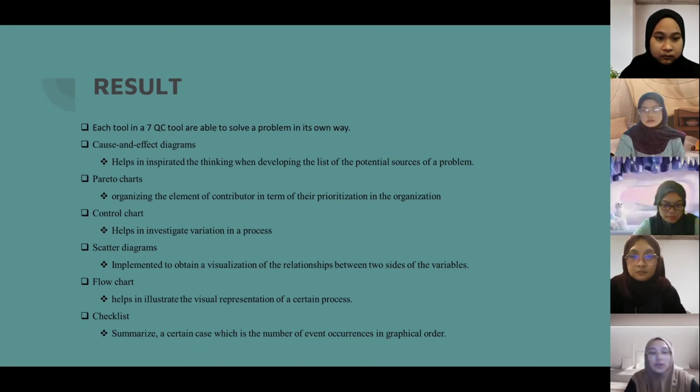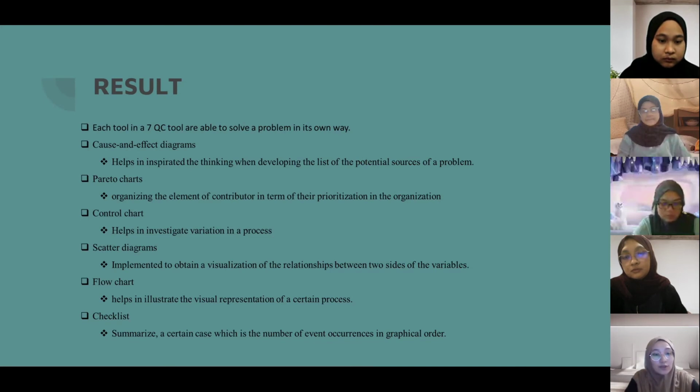So for the result of these QC tools, each tool is able to solve the problem in its own way, such as the cause and effect diagram helps inspire thinking when developing the list of potential sources of a problem. The Pareto chart organizes the elements of contributors in terms of their prioritization in the organization. The control chart helps investigate variations in a process.